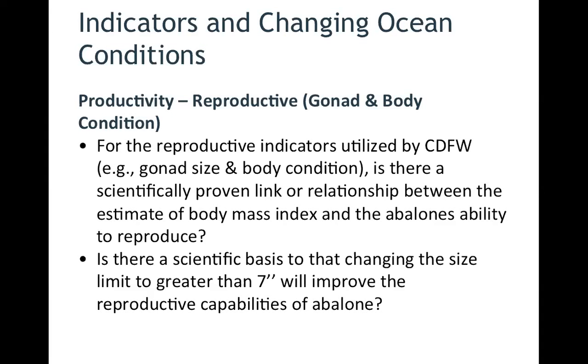I mean, how did we determine the actual number there? And the same question about body condition. That's a subjective measurement. How can we use a subjective measurement like that to determine whether or not an abalone is actually reproductive just by looking at the body condition?